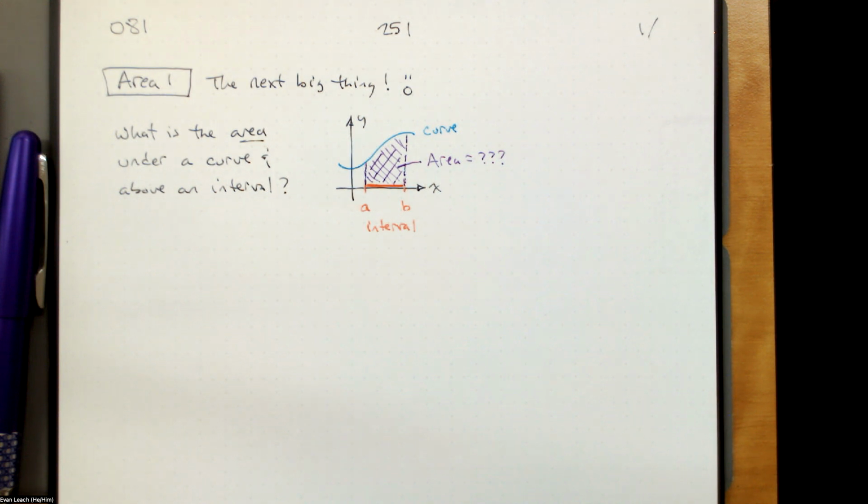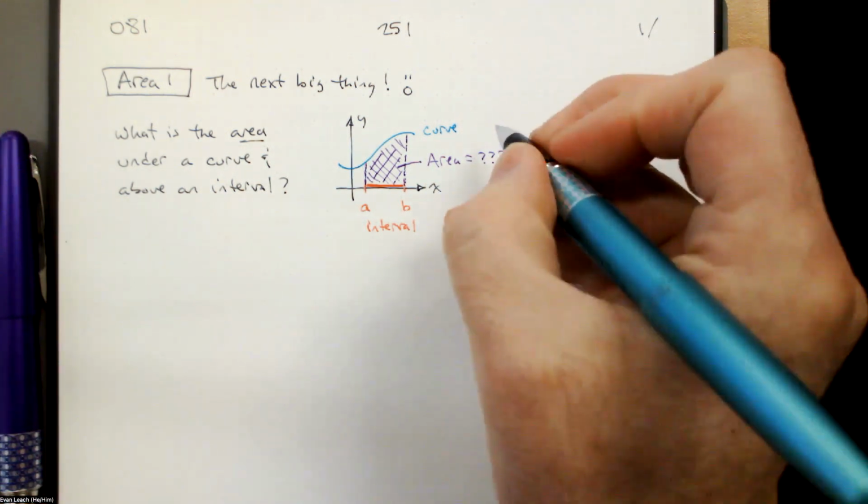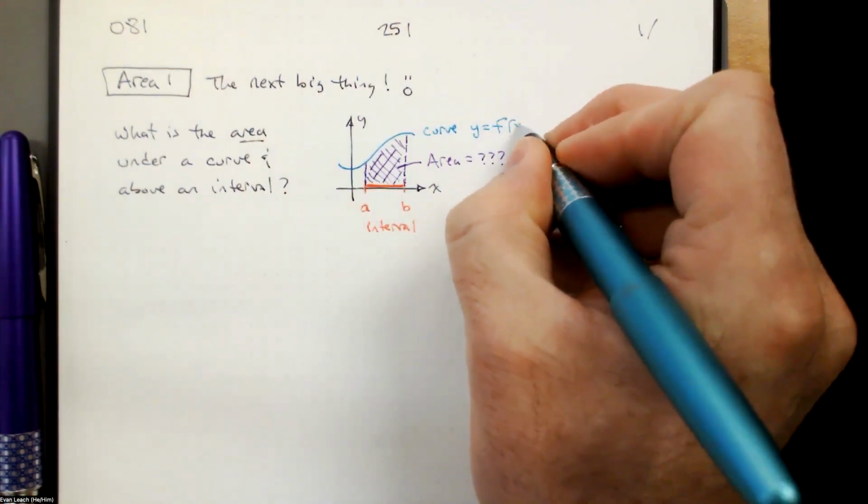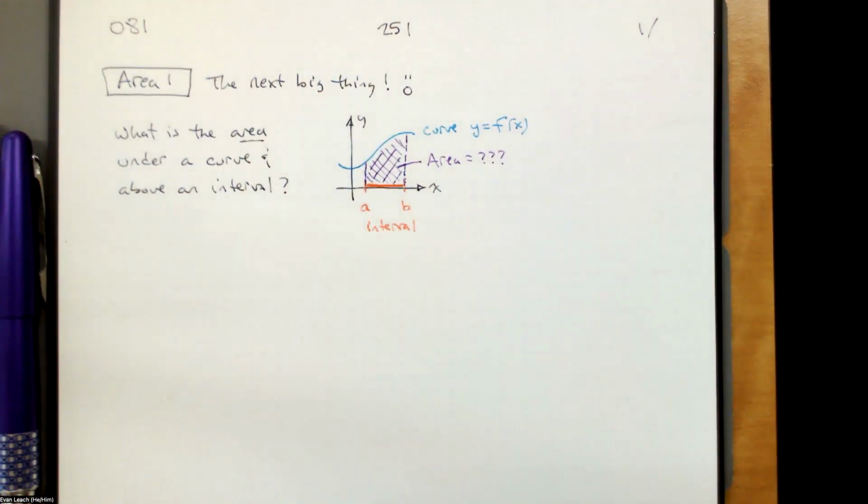We are going to start with the easiest version of the curve. We're going to start by requiring that our curve be defined by a function. Right now, we're studying calculus in the framework of functions.